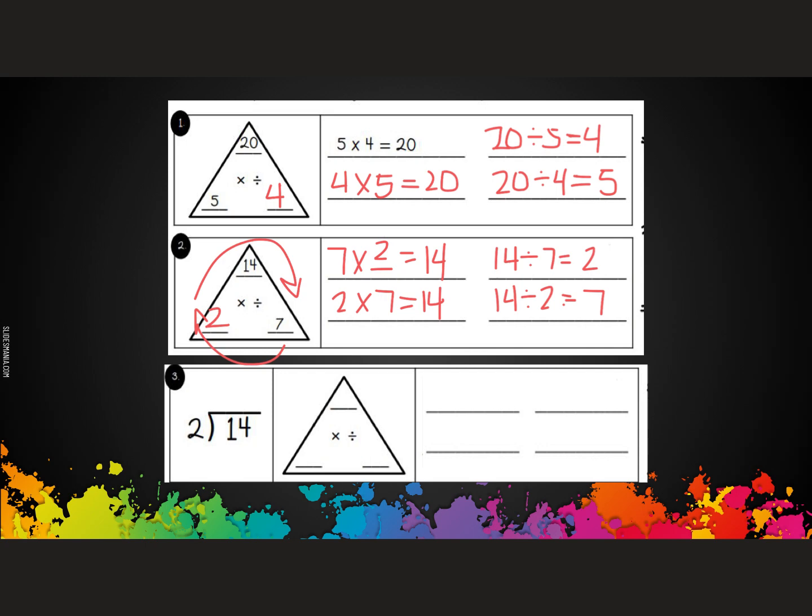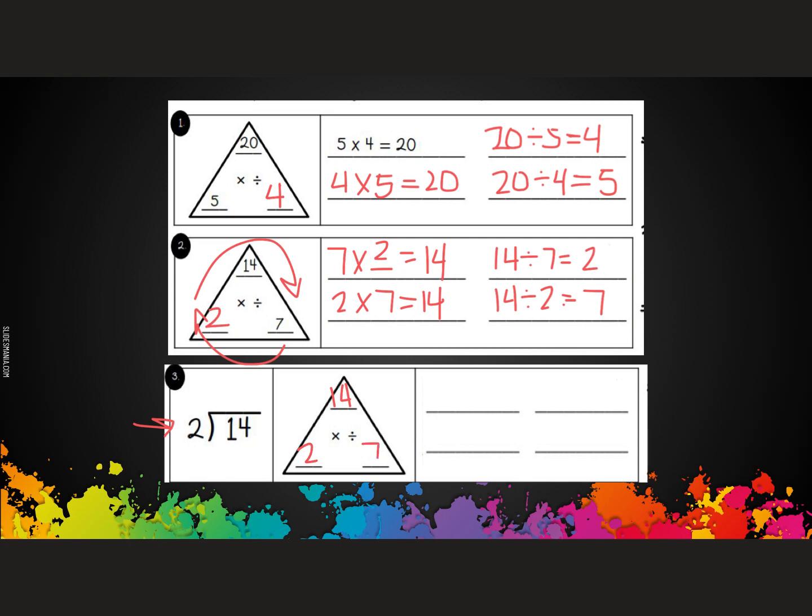In our next example, instead of a fact family in a triangle, we have a fact family in what we call the standard algorithm. But let's see if we can pull the numbers out of it. We have a 2 and we have a 14. Oh, look, we just did that. We know that 2 times 7 is 14.